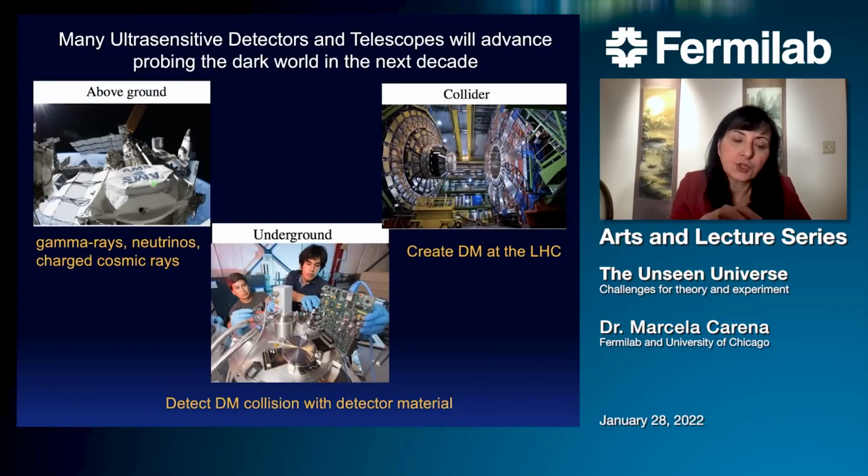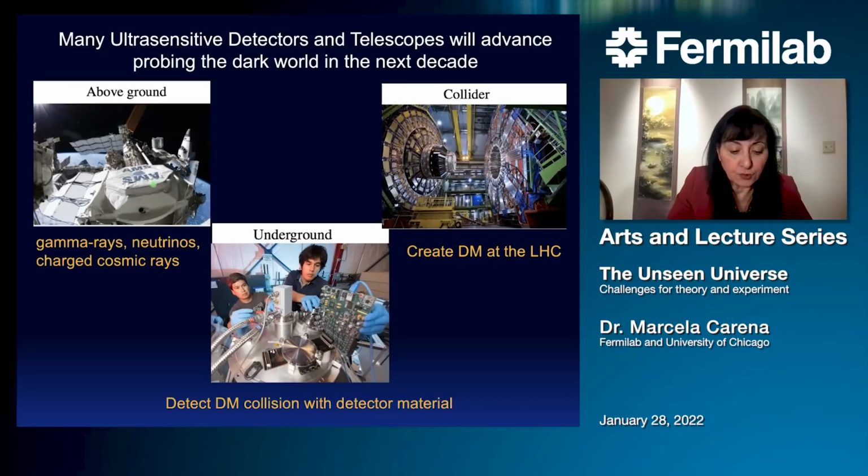We're trying to measure gamma rays or neutrinos or charged cosmic rays, like, for example, positrons. And we are trying to see if there is something more than we would have expected from our standard model understanding, from the particles we know.